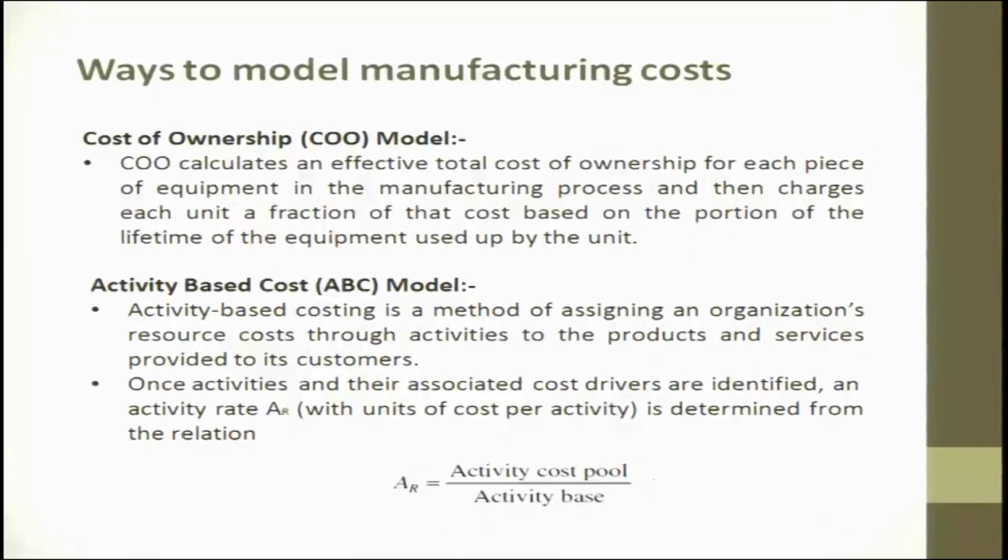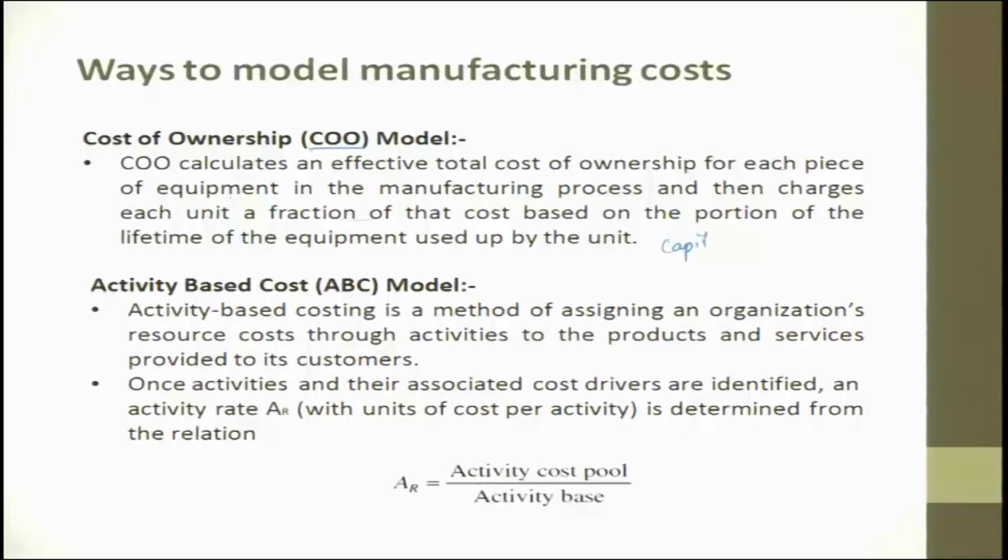So, the cost of ownership model, COO, is one model. The COO calculates an effective tool cost of ownership for each piece of equipment in the manufacturing process, and then charges each unit a fraction of that cost based on the portion of the lifetime of the equipment used by the product. For example, I buy a tawa, and this tawa is used for making 10,000 vadas.